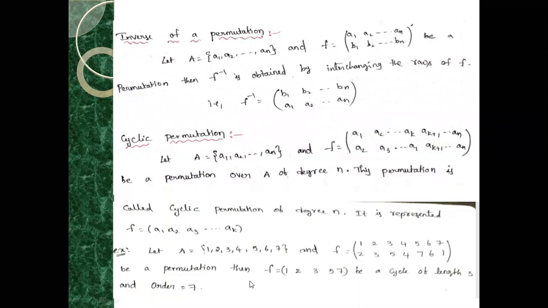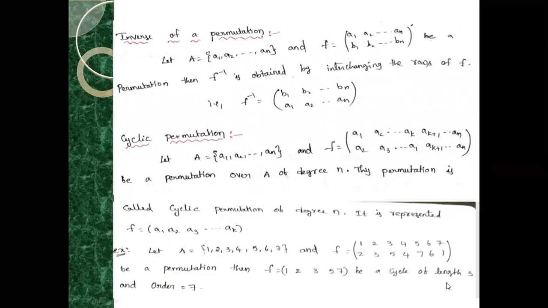Then the cyclic permutation of the given permutation is 1 to 2, 2 to 3, 3 to 5, 5 to 7, and 7 maps to 1. So this is the cyclic permutation for the given one.